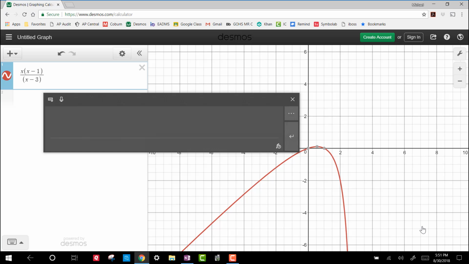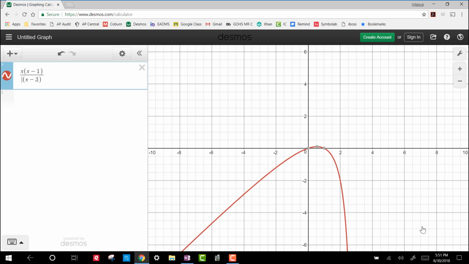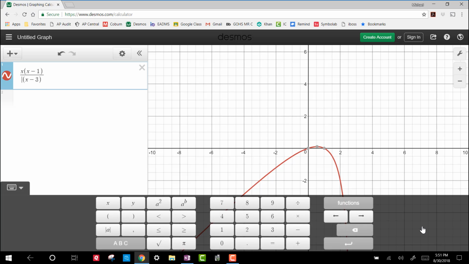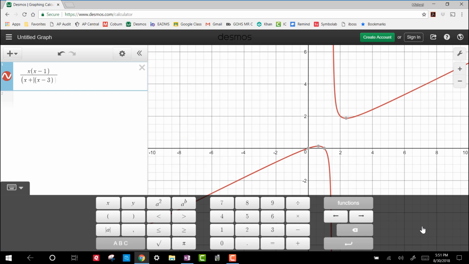So we can't do an x, so let's just try, let's see here. There we go. So I'm just going to try, I don't know, let's try an x plus 1. Let's see what happens here. X plus 1.